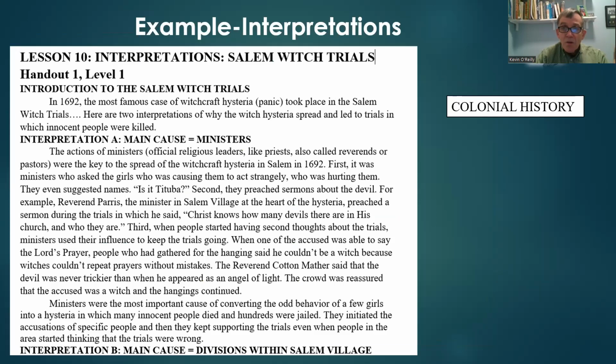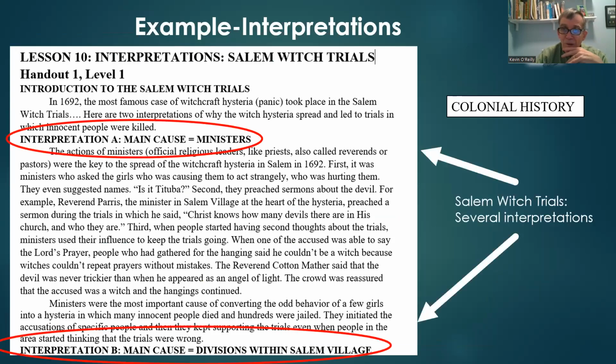And it has interpretations. And that's, I think, unique in the sense that students are going to see, wait a minute, historians disagree. So on the Salem witch trials, they have two interpretations at level one, and they can look at those and evaluate them.